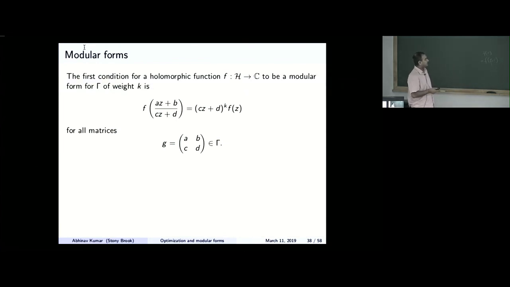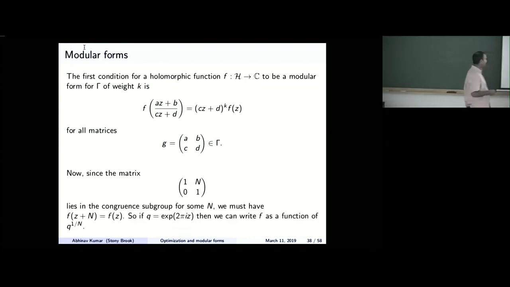And we say that a function is a modular form if the function at this image transforms nicely. So f of (az plus b) over (cz plus d), for every matrix in SL2Z, the integer 2 by 2 matrices with determinant 1, is transformed by (cz plus d) to the k when you apply this transformation. Okay, so that's a modular form.